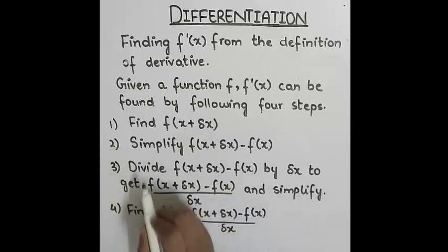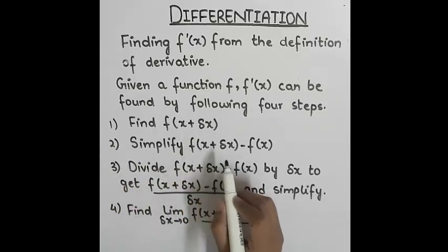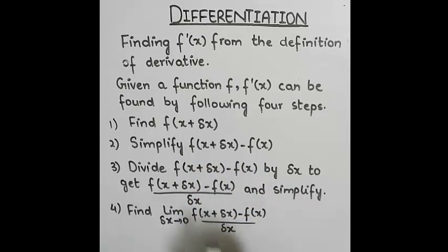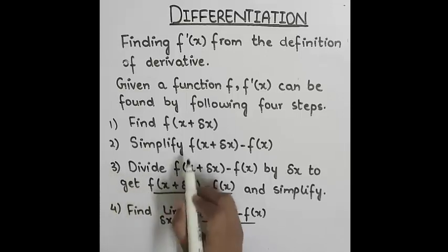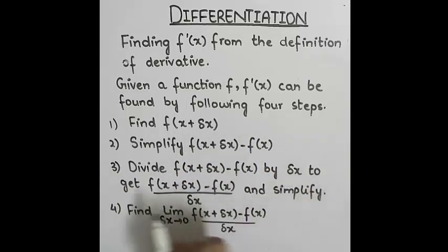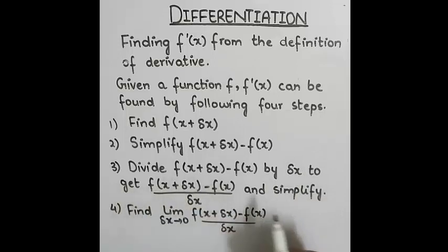Step 2: simplify f(x + Δx) − f(x). Step 3: divide this term by Δx and simplify this term. Step 4: find the limit of this term. And this term can also be written as f dash x.